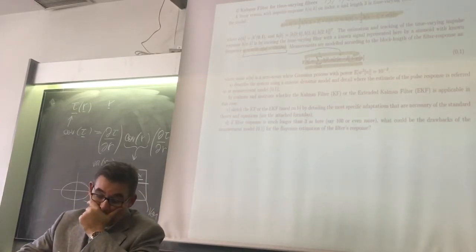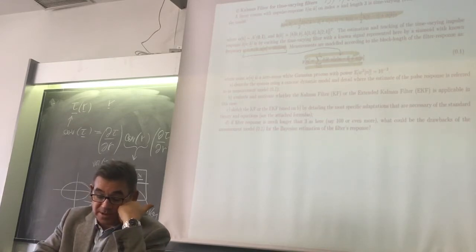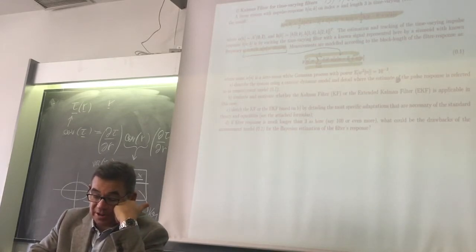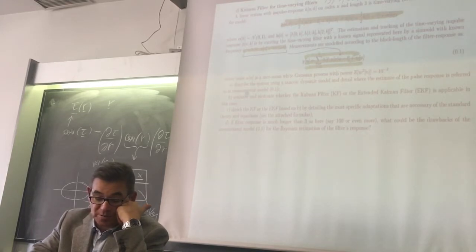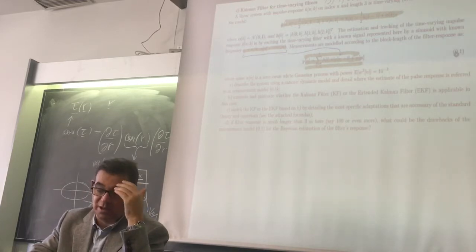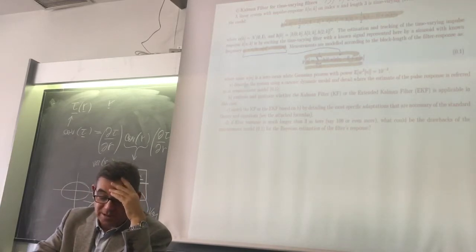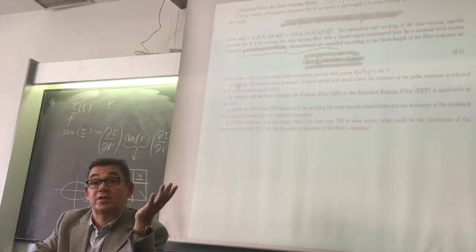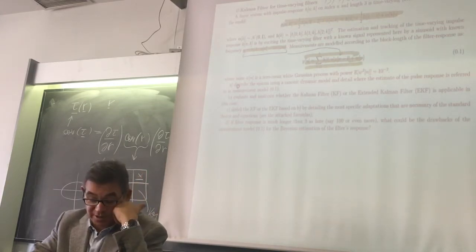Okay? Now, describe the system using canonic dynamic model. Detail where the estimated impulse response is referred to the measurement model. 0, 1 here, this, okay. Which means frame it into the conventional common filter model.